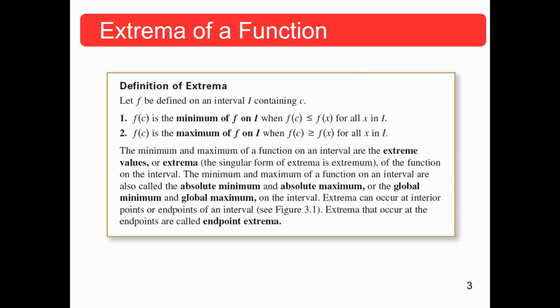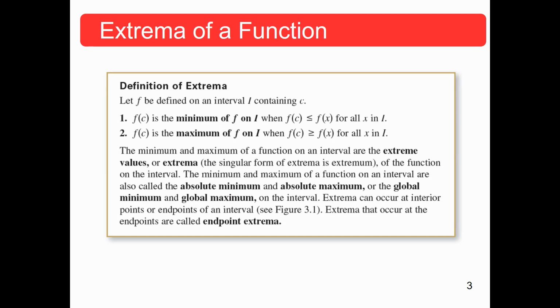So, definition of an extrema. We're going to let f be defined on some interval containing c. f of c is the minimum of f on that interval when f of c is less than or equal to every f of x in the interval. That means the y value associated with the x value c is less than every other y value.